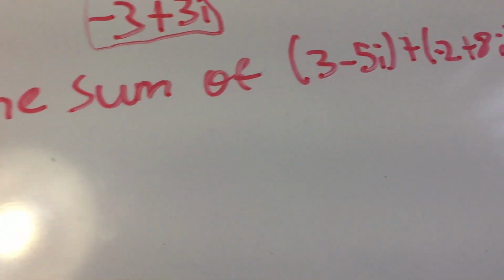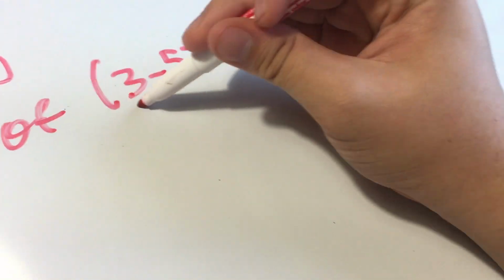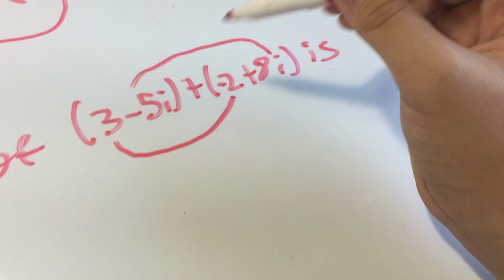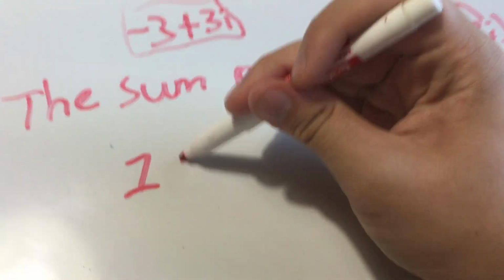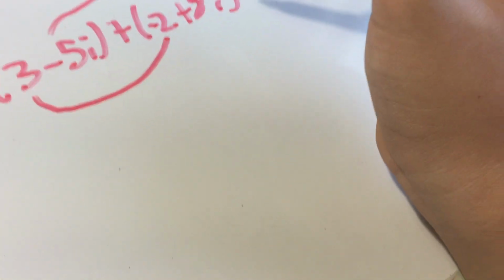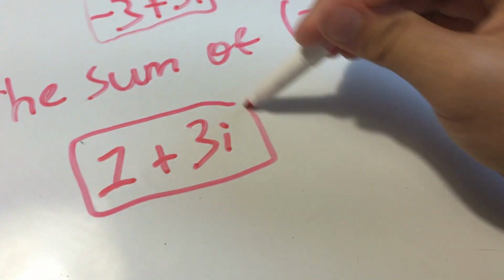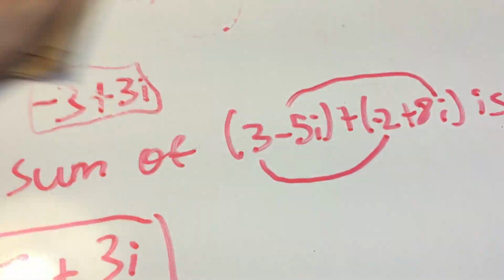Well, you just find the sum, pretty much. So combine like terms. 3 plus -2 gives you 1, plus -5i plus 8i is 3i. That's your answer. That's how you add complex numbers.